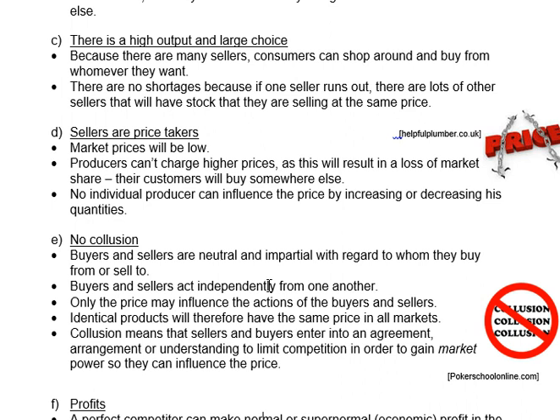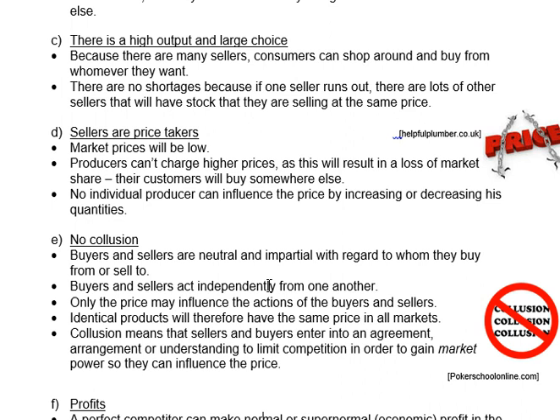And because this is an unregulated market, they can literally buy from whoever they want. There's never in a perfect market any shortages because there are many sellers. So if one seller sells out and doesn't have any more product left, there are lots and lots of other sellers that will have the identical thing in stock, which they then will be selling at exactly the same price.